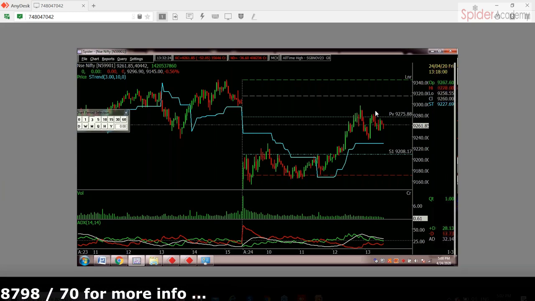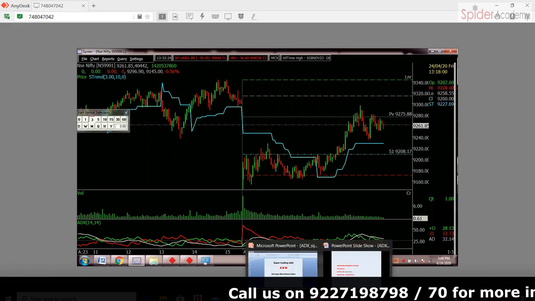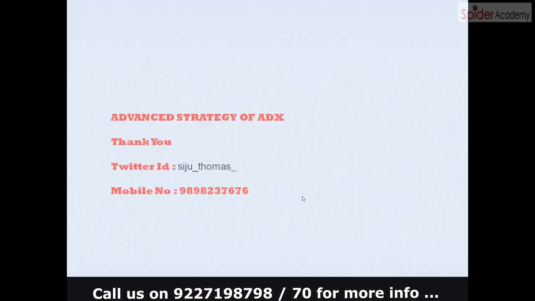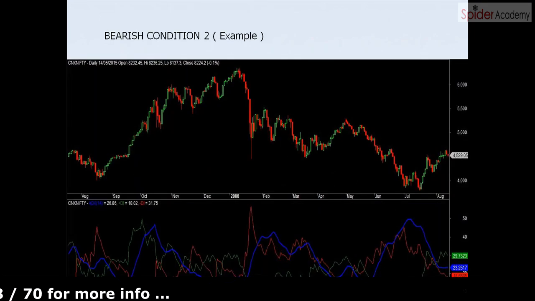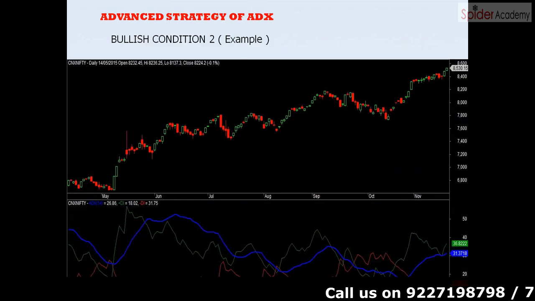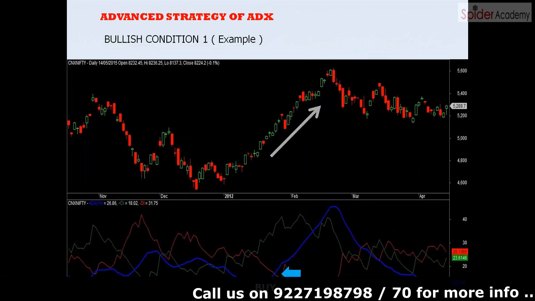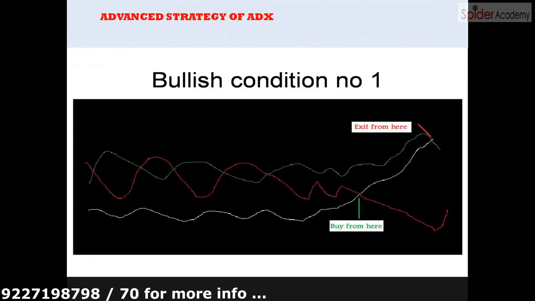Can you show again the advanced strategy bullishness in condition 1? Okay, so here we are, bullish condition 1, advanced strategy.